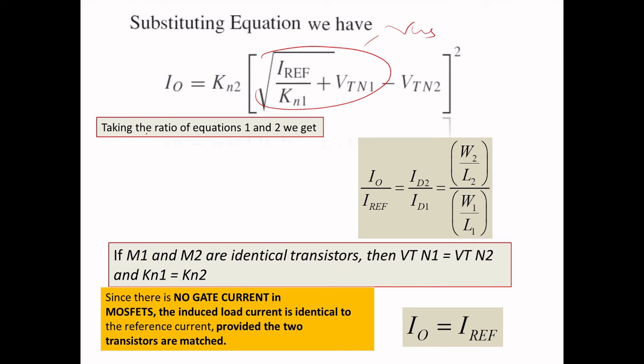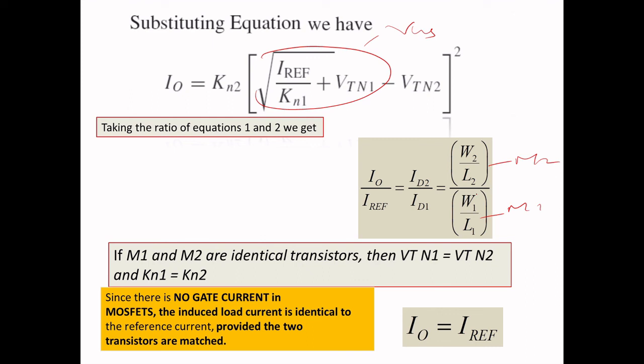Initially I am taking the assumption that the W by L ratio is not equal. So all the remaining parameters will be cancelled and you will have the W by L parameter alone, W by L for the M2 transistor and W by L for the M1 transistor.